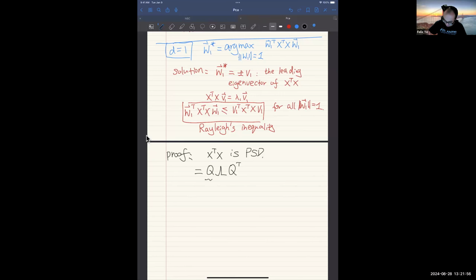In particular, Q is an orthogonal matrix and lambda is a diagonal matrix with lambda 1 to lambda d greater than or equal to 0.